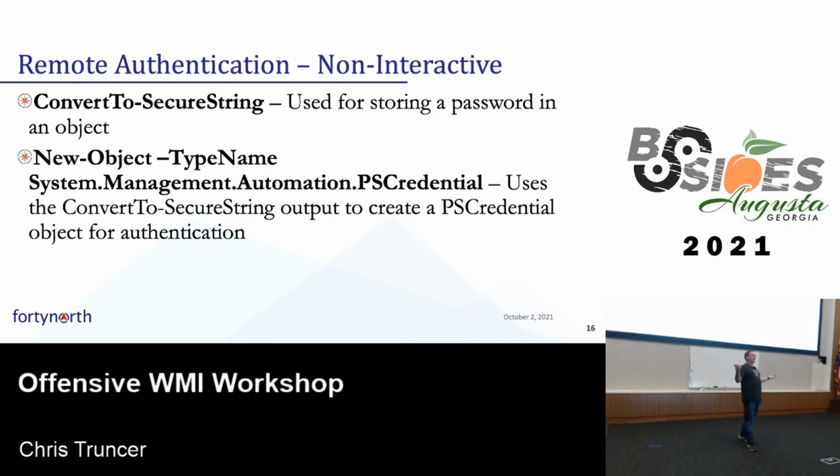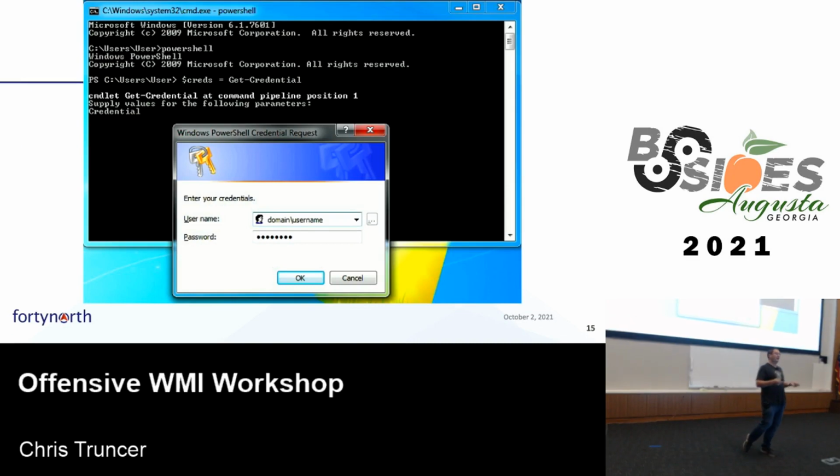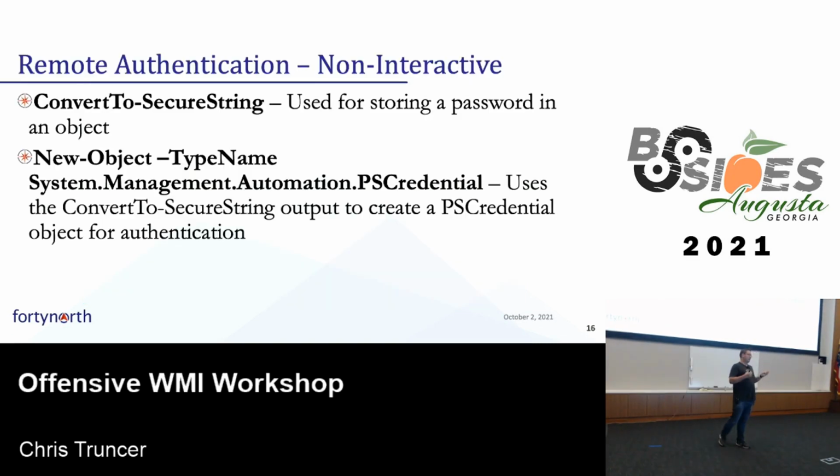Now, what if we're not operating in interactive access, right? Maybe we only have command line access or we're writing a script. Well, we can't obviously use Get-Credential to have our screen pop up and just enter it. Like I mentioned, there is another way that we can do this.